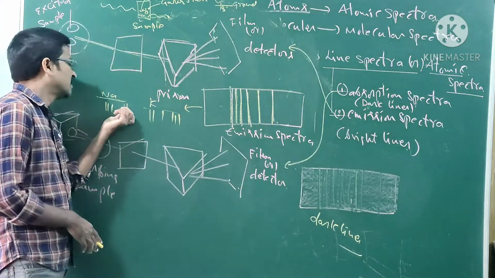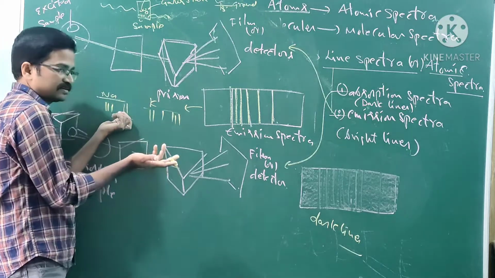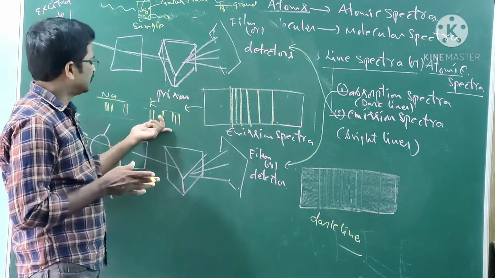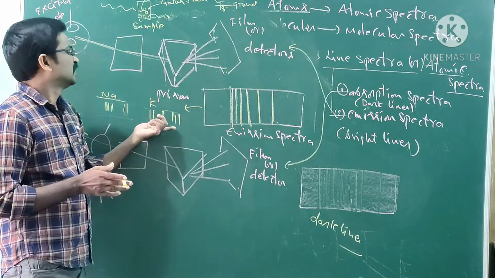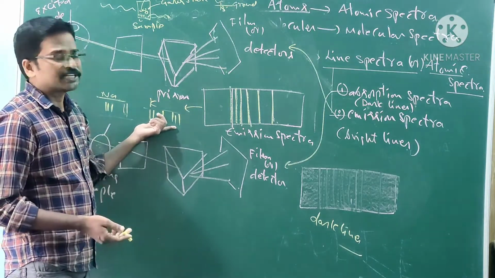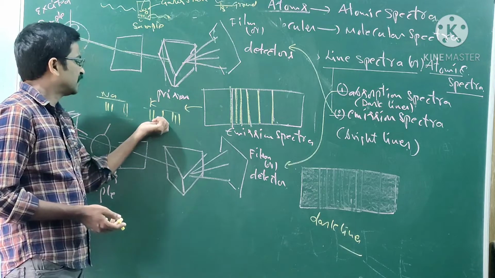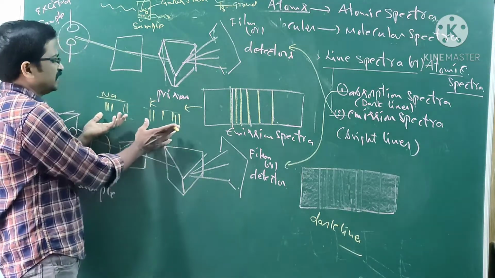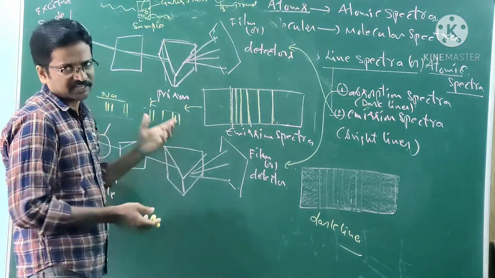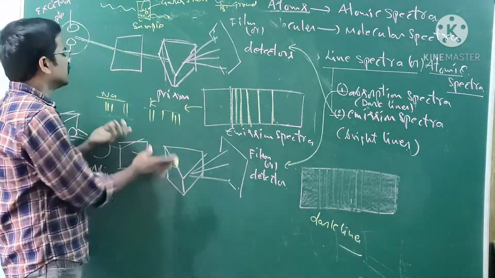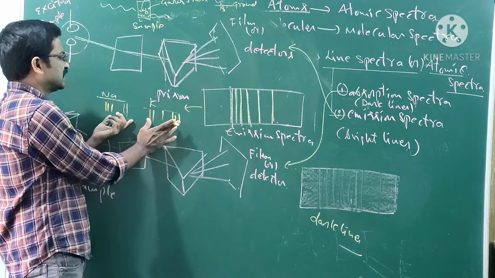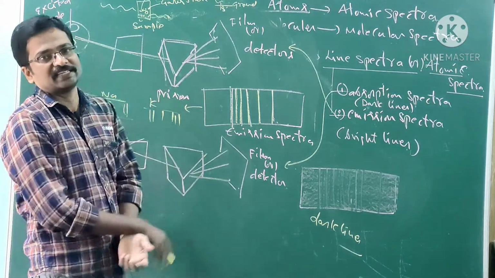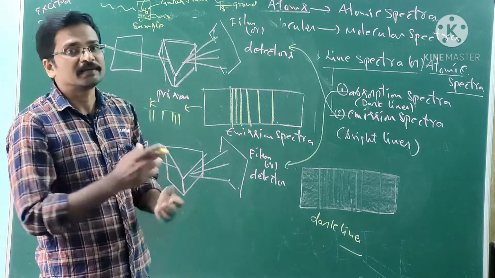Three lines near and two lines farther. This is an example, not exact. Here, in the case of potassium, two lines are nearer, one line is in the center and three lines are far away. This is the rough analysis. From this we can understand that sodium has specific lines and potassium has specific lines.